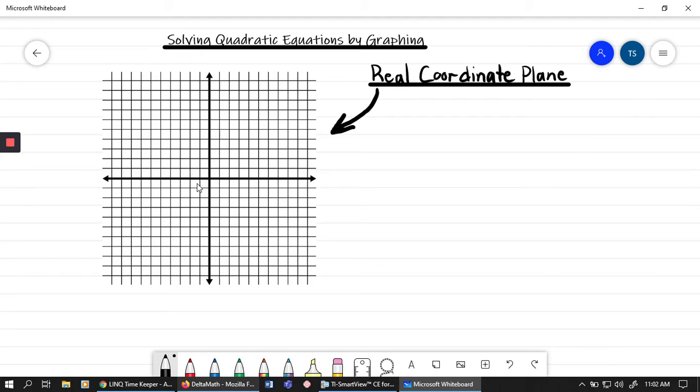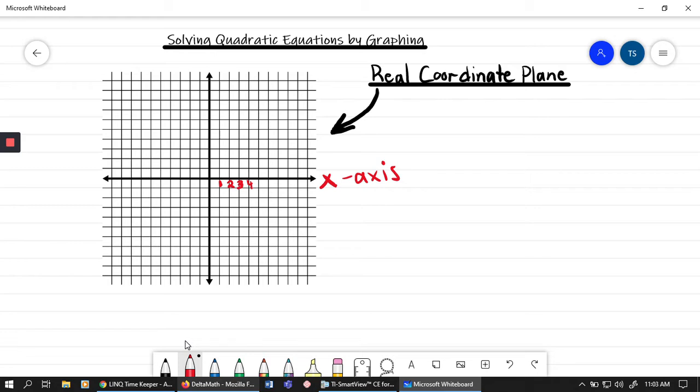You should remember that the x-axis is the axis that is horizontal, that bold line in the middle going from the left to the right. Along that x-axis, each little place is labeled 1, 2, 3, 4, and it goes on 5, 6, 7, 8.